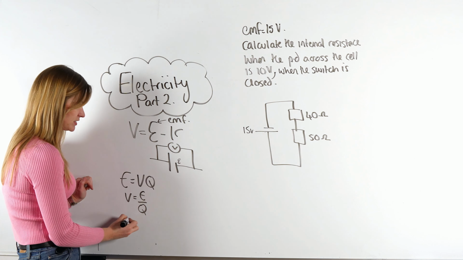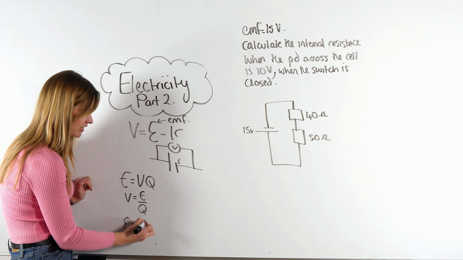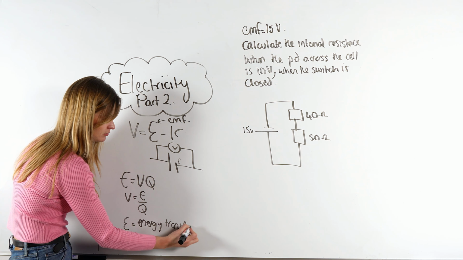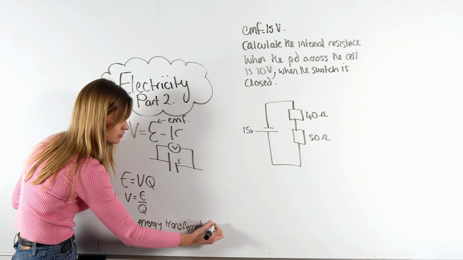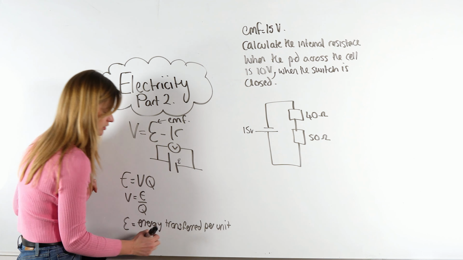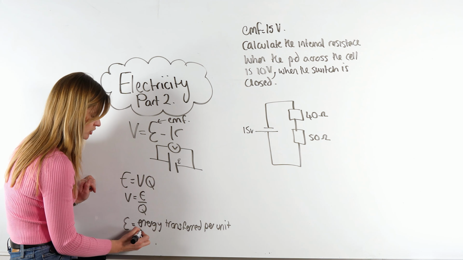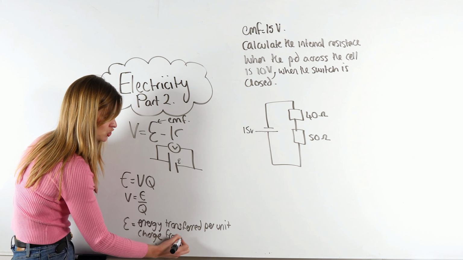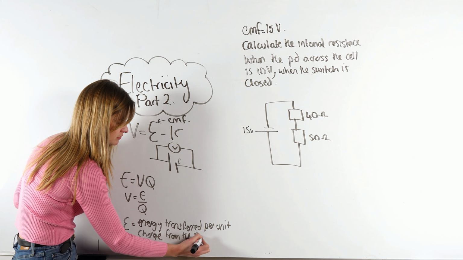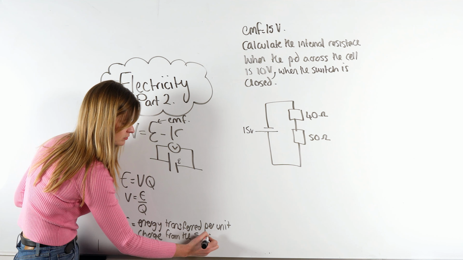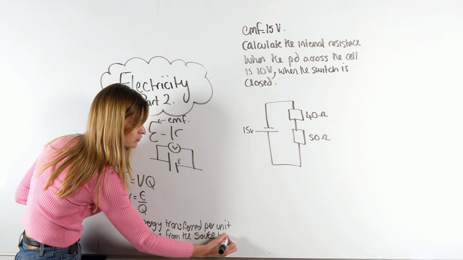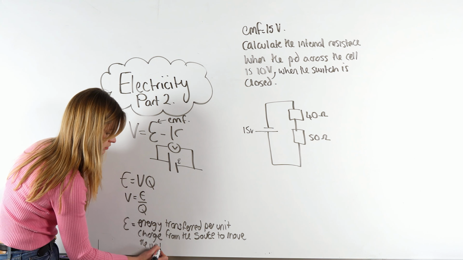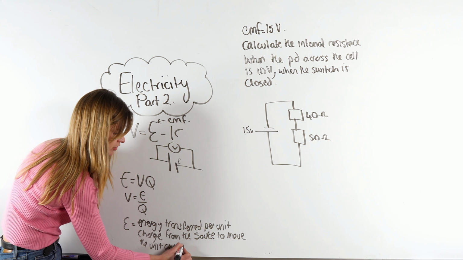So our EMF tells us the energy transferred per unit charge from the source or the cell to move the unit charge around the circuit.